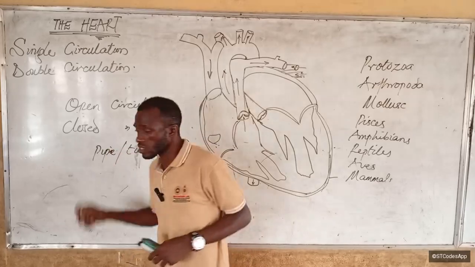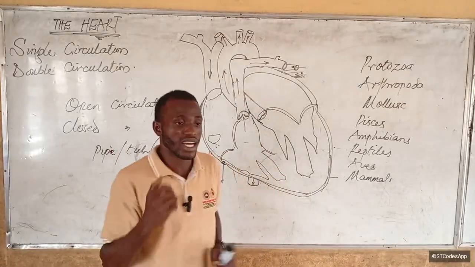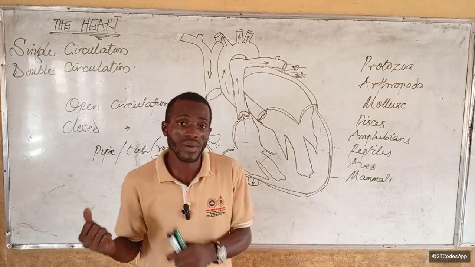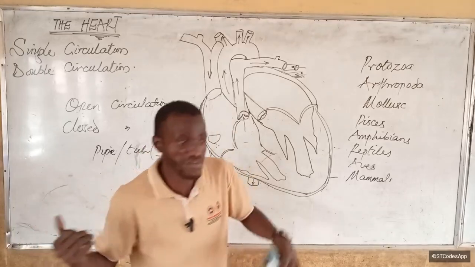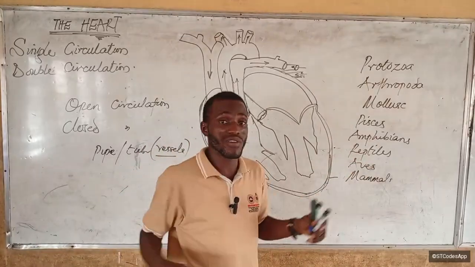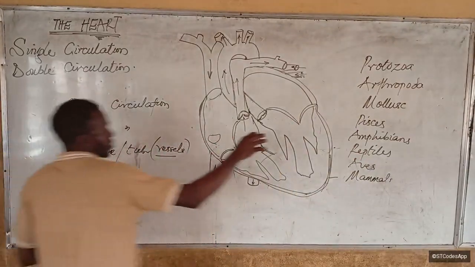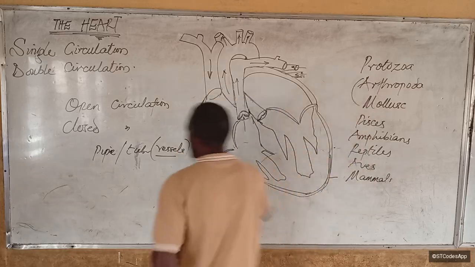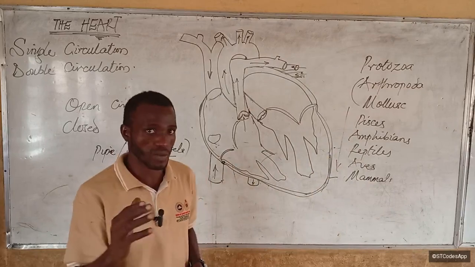But here in a closed system, there is a vessel that conveys the blood or fluid of transport to wherever it is needed. All right, so open is common in these two, and then the closed we see in all of this, the closed system of transportation.